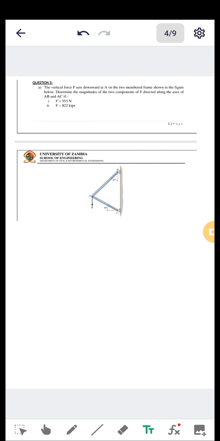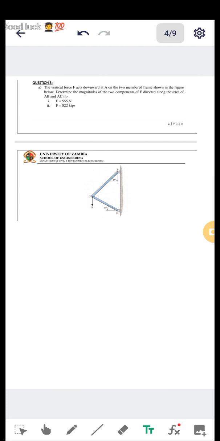The question is saying the vector force F acts downward at A on the two-membered frame shown in the figure below. Determine the magnitude of the two components of F directed along the axis of AB and AC, if the force is given in those values.